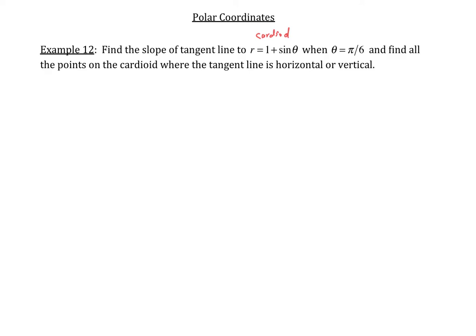Our x is equal to r cosine theta, and that's going to be 1 plus sine theta times cosine theta. And we could simplify that to be cosine theta plus sine theta cosine theta, like that.